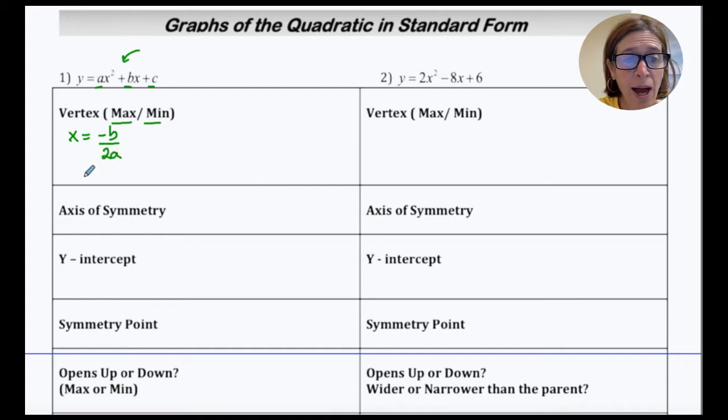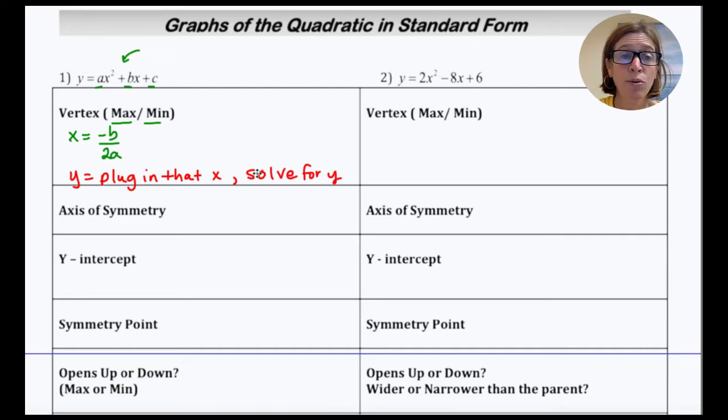And to find y, we plug that x in and solve for y. And that'll give me the coordinate of the vertex. Because remember, in this graph, I can't see the vertex just by looking at it like vertex form. The axis of symmetry is a line going through the x coordinate of the vertex. So it's going to end up being x equals negative b over 2a.